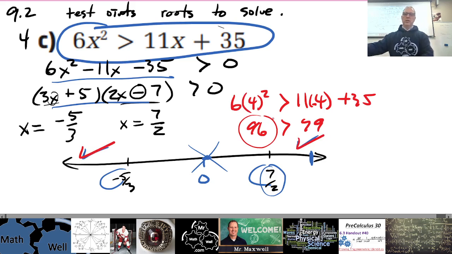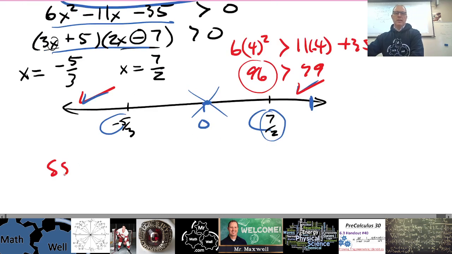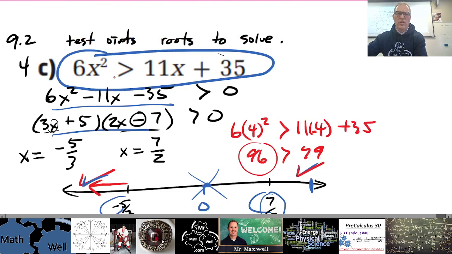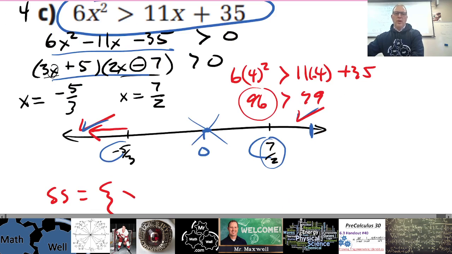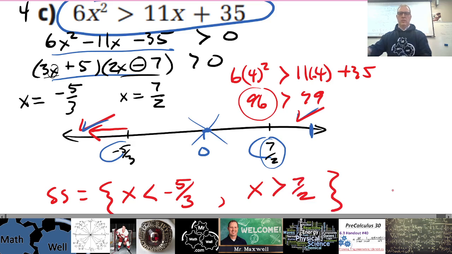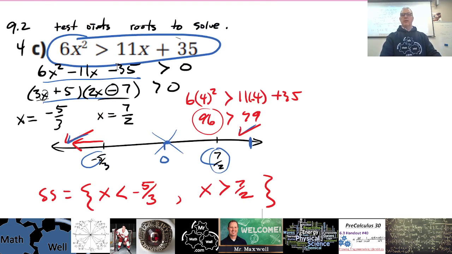So the solution set is all x values that are less than, now is it or equal to? Nope, not or equal to. So x less than negative 5/3, as well as x greater than 7/2. Now you could graph that and actually see what's going on there.